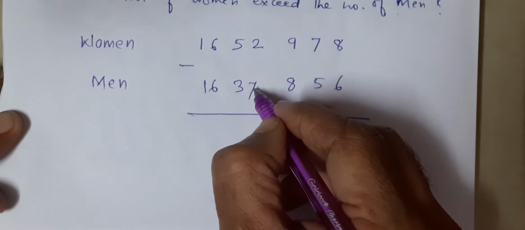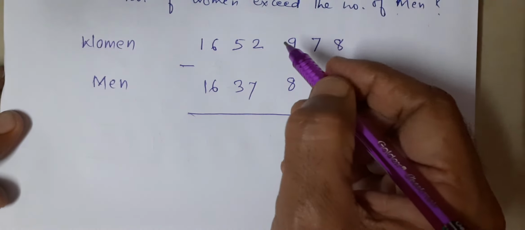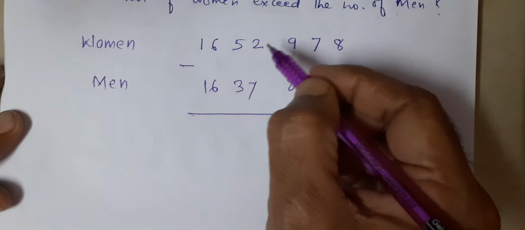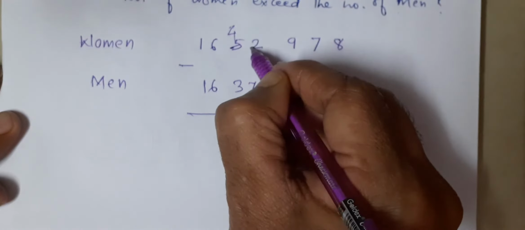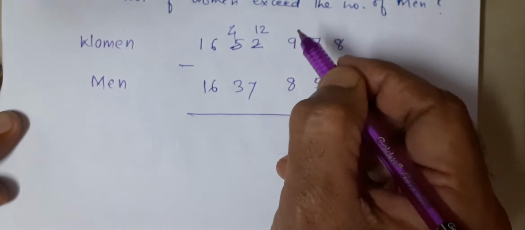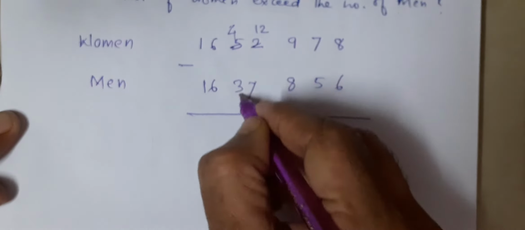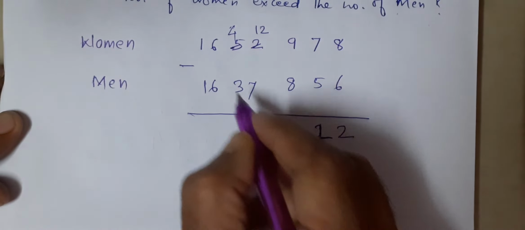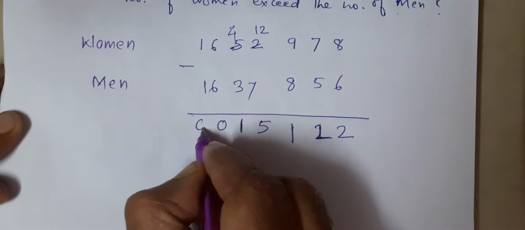We cannot subtract 7 from 12, that's why we have to take one borrow. So 12 minus 7 is 5, 4 minus 3 is 1, 6 minus 6 is 0, 1 minus 1 is 0.